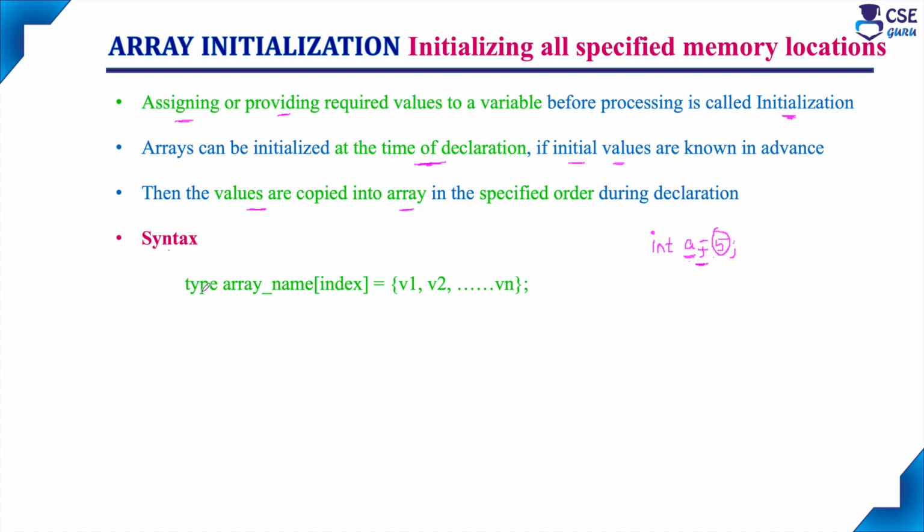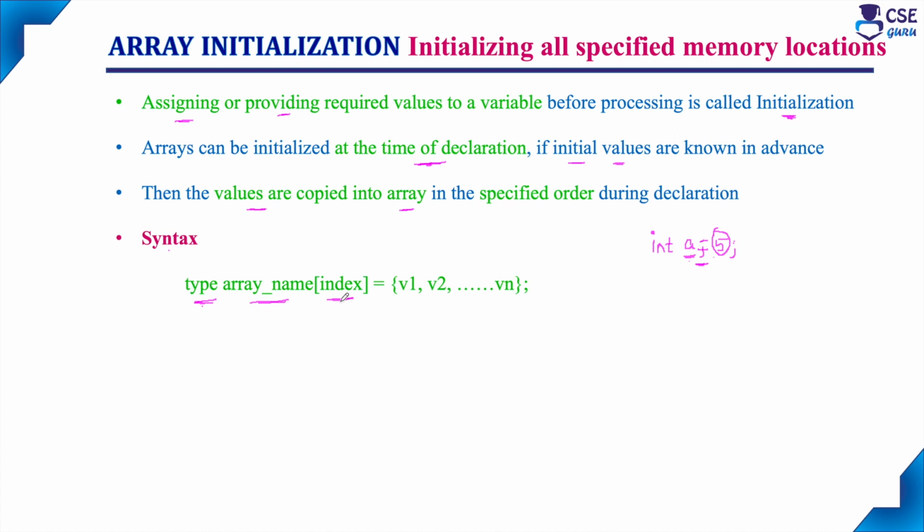Okay. So syntax, if you are considering, that is data type. What is the type of the data that we need to give first? Then array name, and within this square bracket, we have to specify the index value, right? So this is declaration of an array. Here we will give semicolon. Okay, this is the normal declaration of an array. So here, declaration itself equal to, like variable initialization, equal to, within this curly brace set, we can give values.